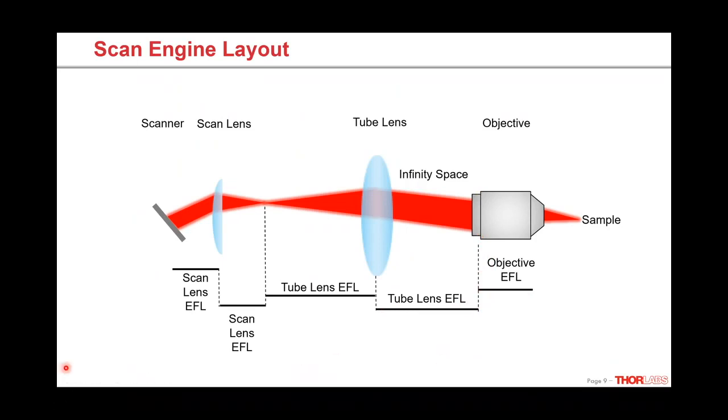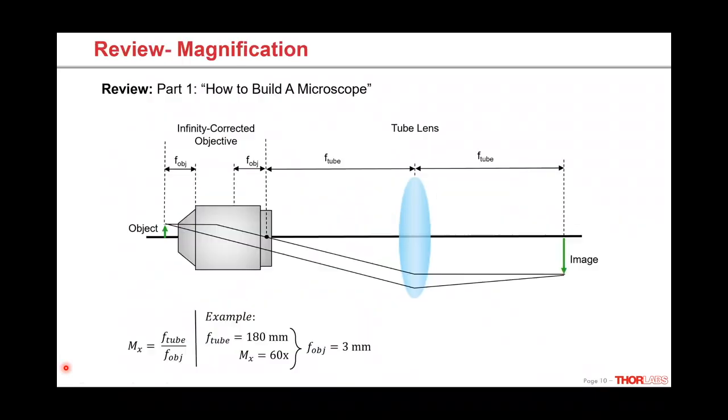Now, before we go further, I'd like to review how magnification works in 4F's microscope systems. This was covered in part 1 of our series, How to Build a Microscope. To just summarize here, image magnification in a microscope is achieved by a combination of the objective and the tube lens.